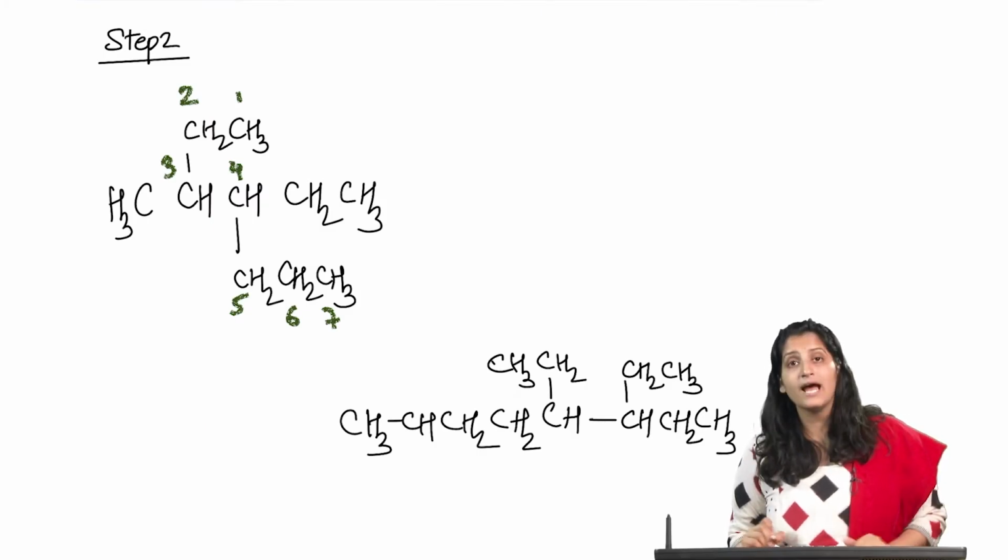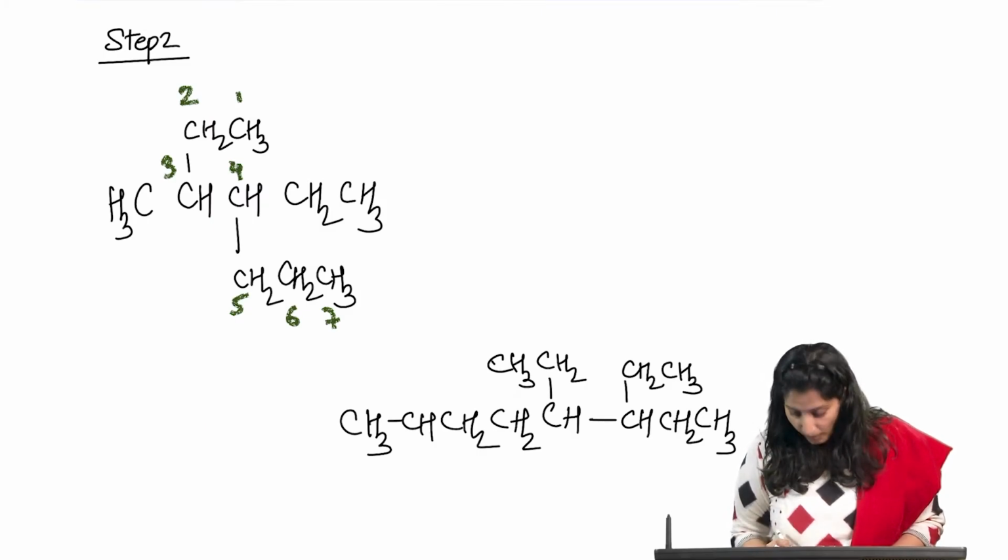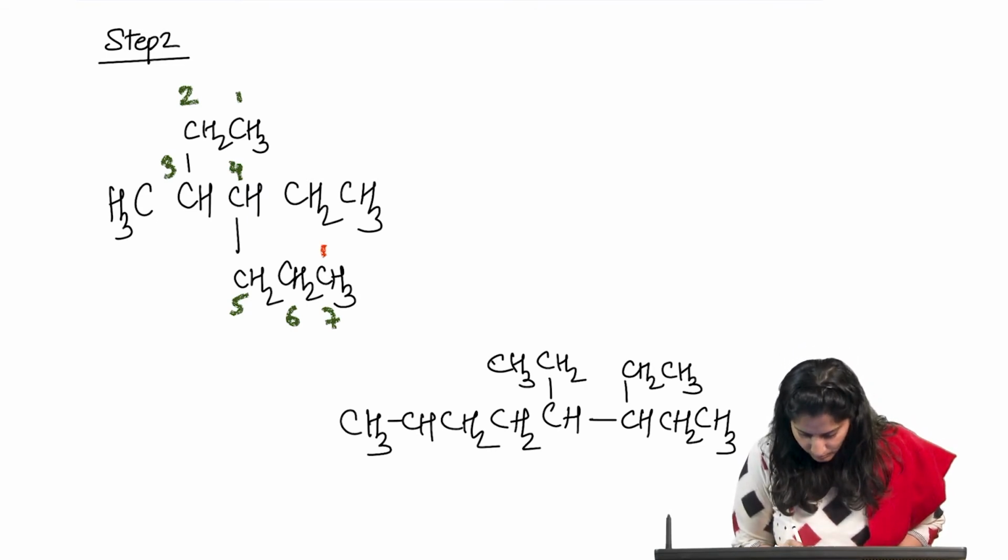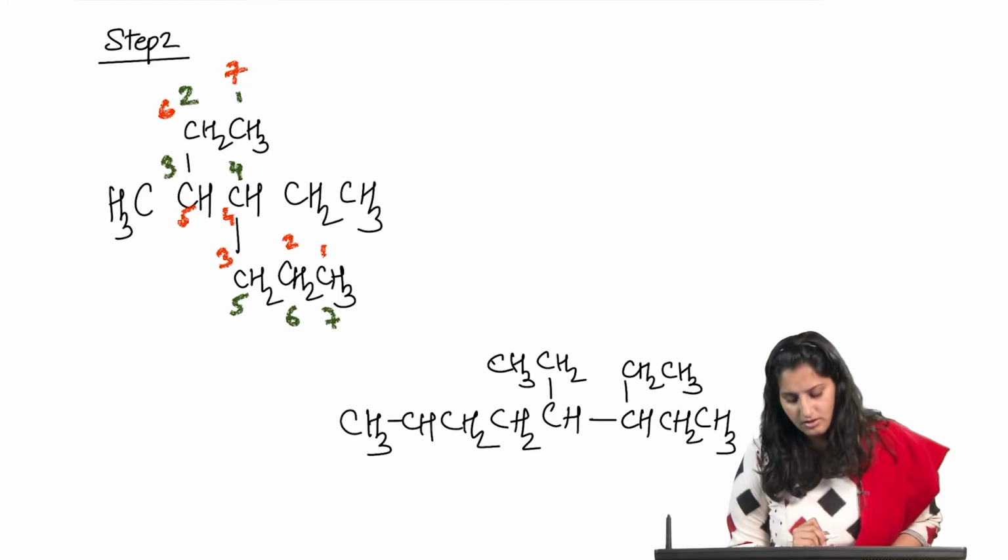Now, I can number it as I have shown it here, or I can number it such that I start from this end 1, 2, 3, 4, 5, 6, 7. Okay.